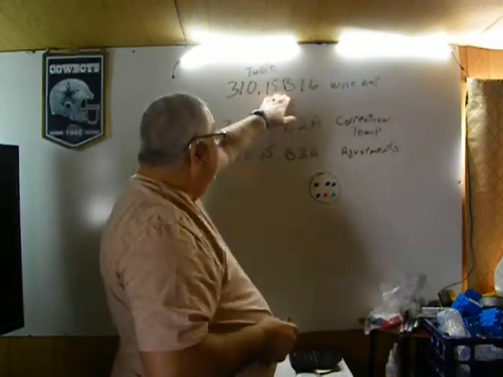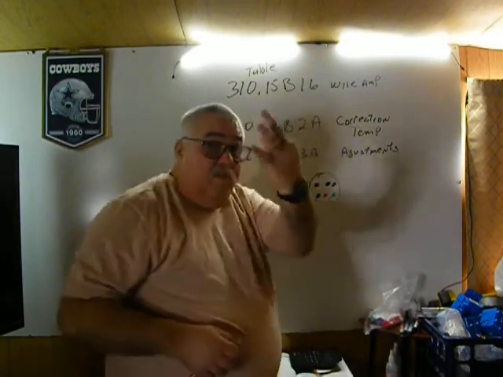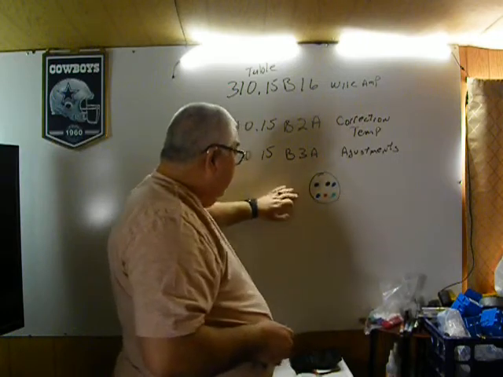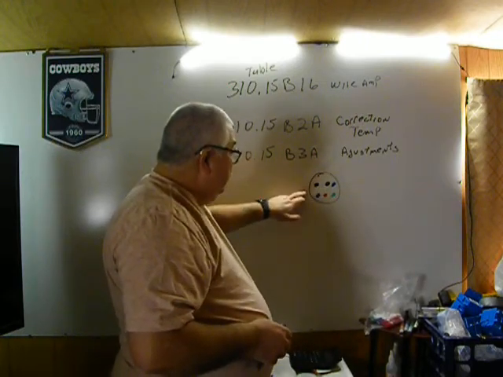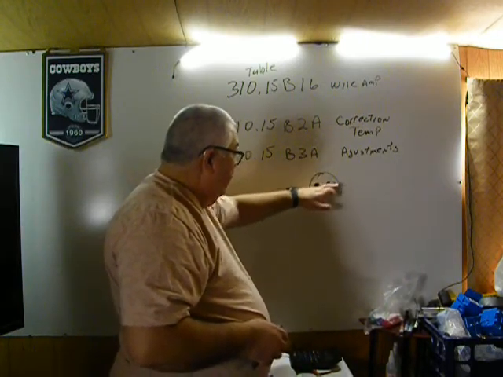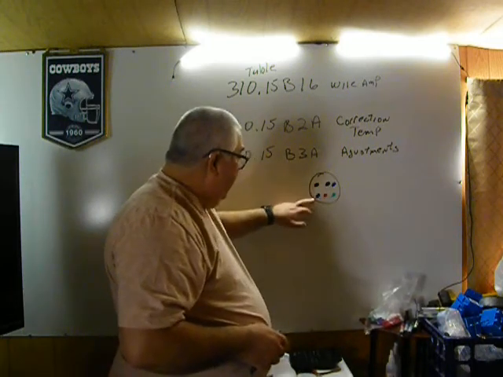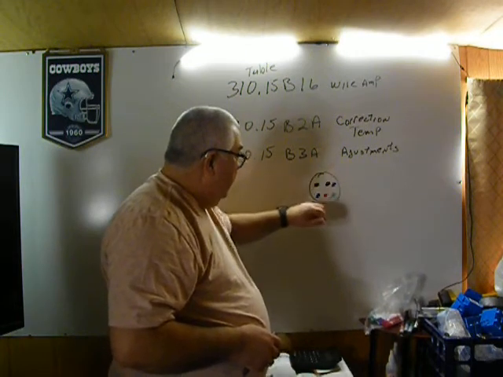Because earlier in 310.15(B)(16) it says not more than 3 current carrying conductors in a raceway. Okay, so here in this one I have 1, 2, 3. The blue ones would be my white wires. So I got a black and a red with one neutral, and a black with another neutral.